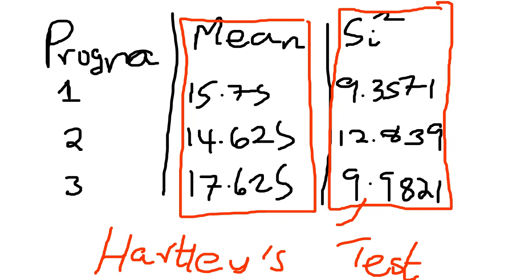We have different tests that we can do. We have Levene's test, but the procedure is different. We have a lot of tests, but for now, let's only focus on Hartley's test. We're going to check if the variances from each program are the same or different. That's what we are interested in now.